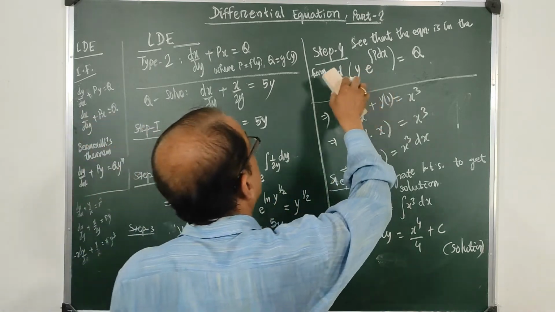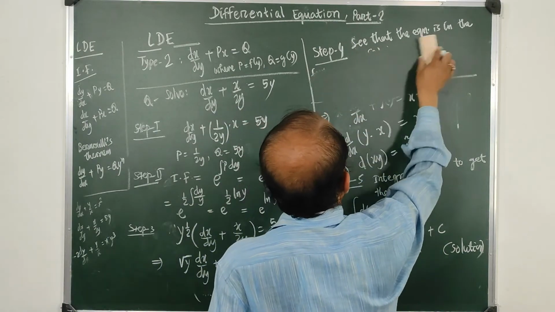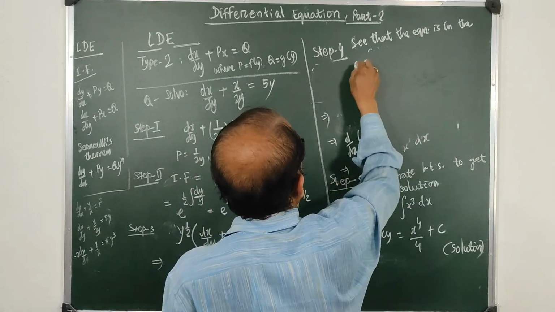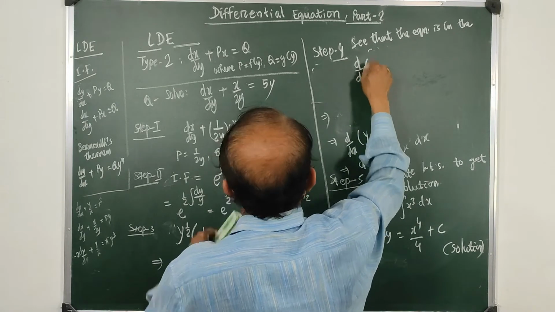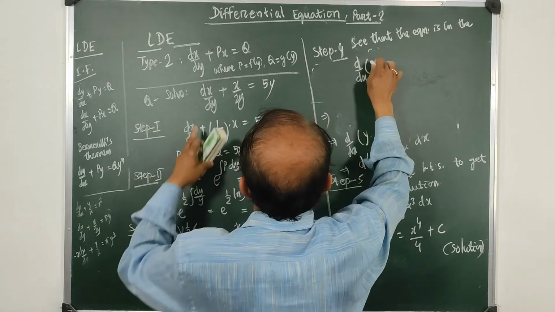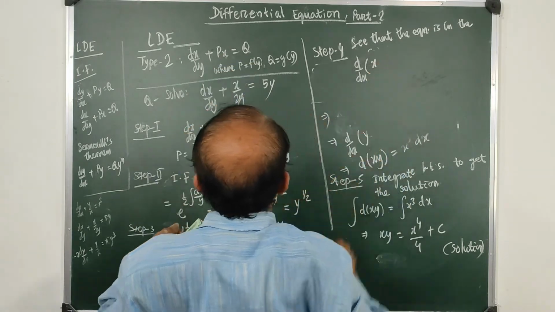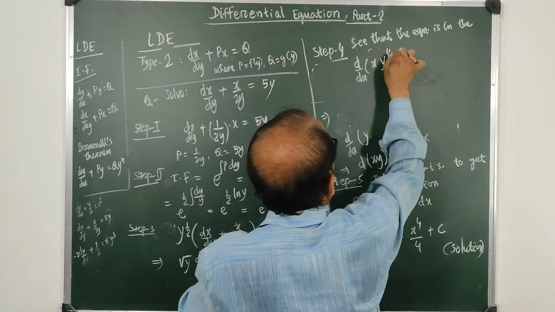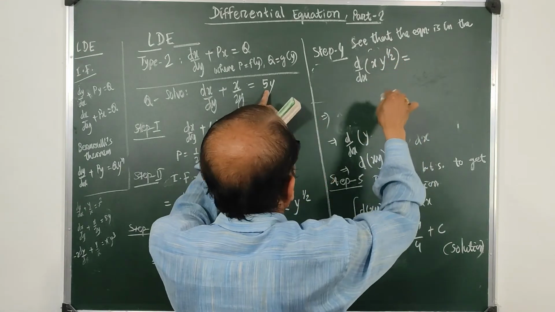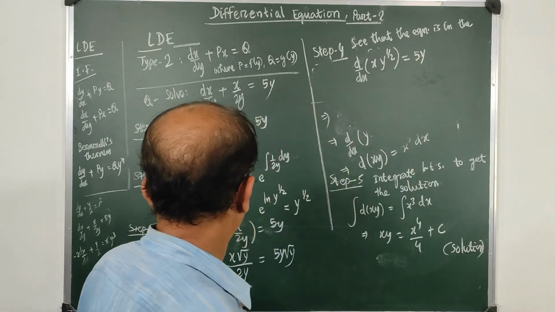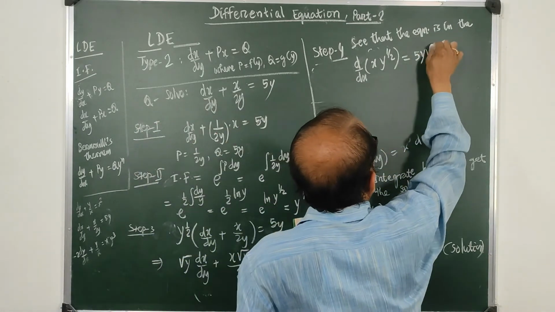Step 4, we have to check whether it is in the form d by dy of x and the integrating factor y to the power half, equal to the q factor, here 5y root y.